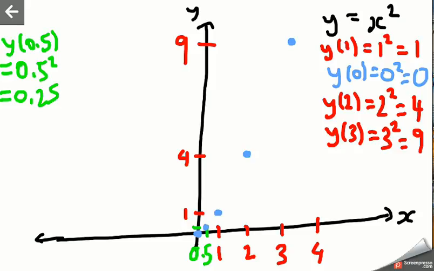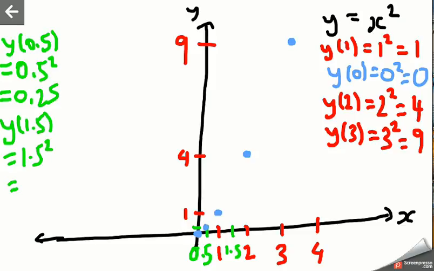Okay, how about 1.5? When x is equal to 1.5, y of 1.5 is equal to 1.5 squared, which is 1.5 times 1.5. Well, half of 1.5 is 0.75.